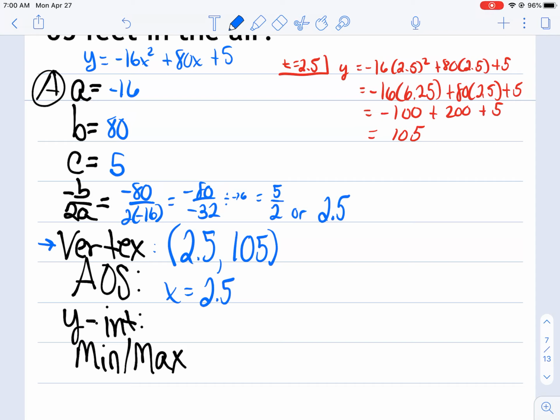So the vertex is at the coordinates 2.5, comma 105. At this point, we can go ahead and answer A, because we know now that it is a max of 105 feet.